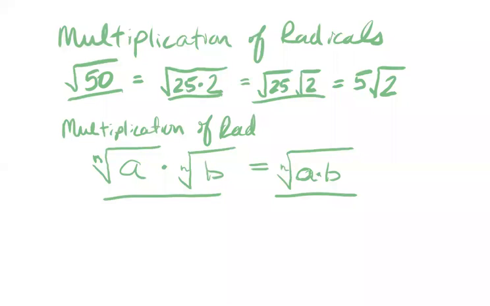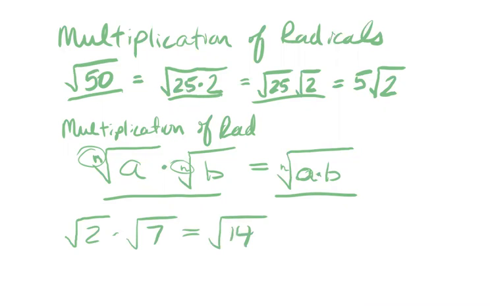Now, the key thing here is that we have to have the same index, and these have to match. But as long as those match, we can carry this out. So, for example, the square root of 2 times the square root of 7 is the square root of 14.